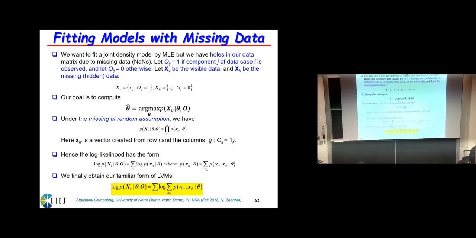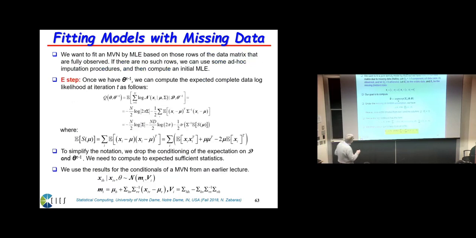All right. So if we form the joint distribution and we take the expectation of the log of that with respect to the posterior of the hidden variables, that's the EM algorithm. So here's the idea. We're going to form the joint distribution of hidden and visible variables. And if you put together hidden and visible, you know what you get? You get your Gaussian, because you remember, the whole thing is a Gaussian.